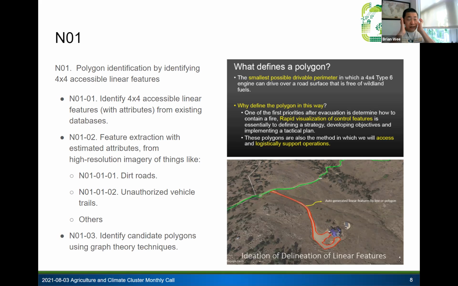Anyway, there are methods to do this. I'm not an expert on this, but it is possible to do it even without thinking about AI and that kind of stuff. So I'm just leaving it there at what you see on the screen. I'll just say identify candidate polygons using graph theory techniques.